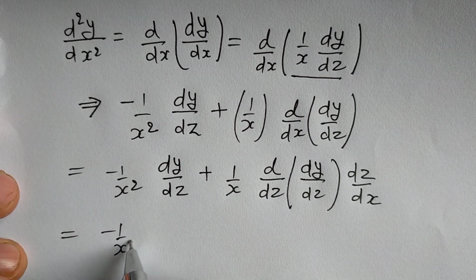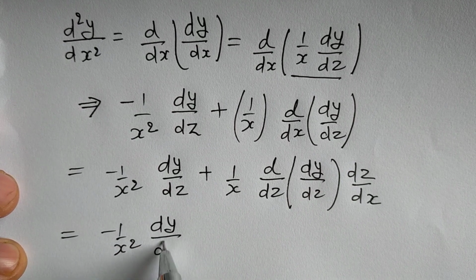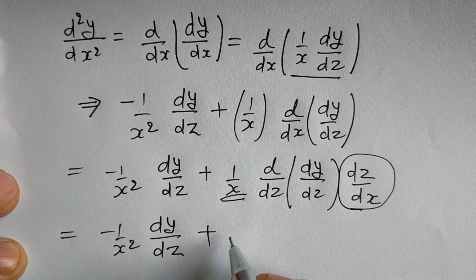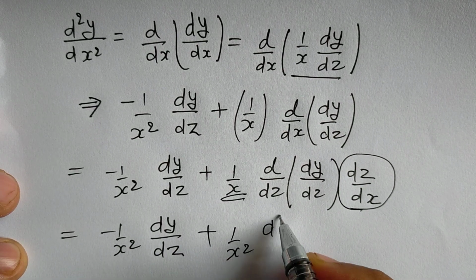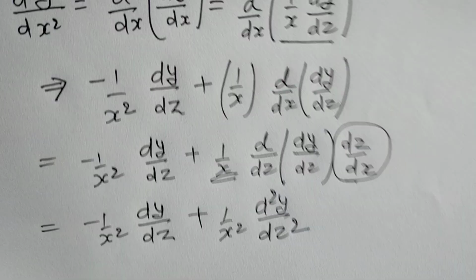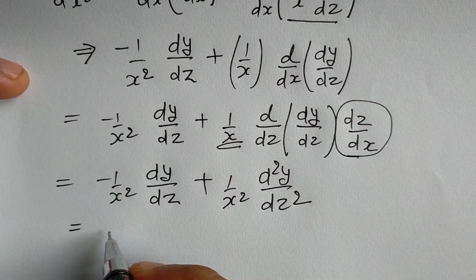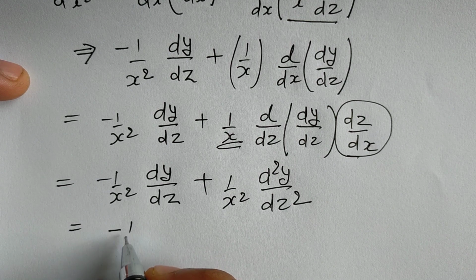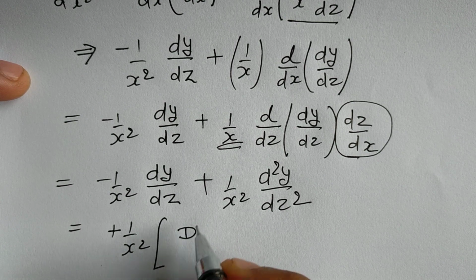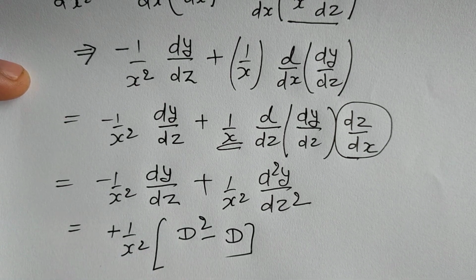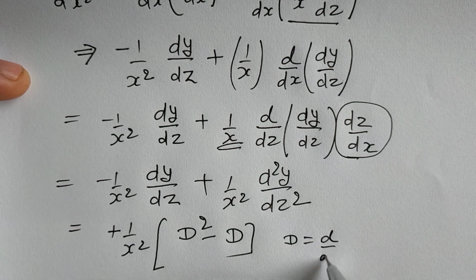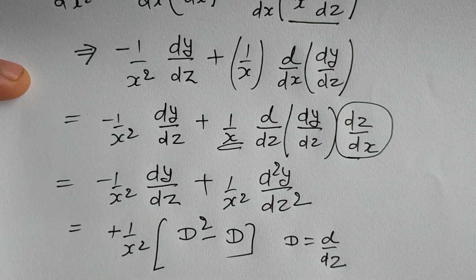So now we have minus 1 by x square d by dz plus, this is also 1 by x square, and this already we have, so 1 by x square d2y by dz square. So if you take 1 by x square common, we get D square minus D, where D is the d by dz operator.